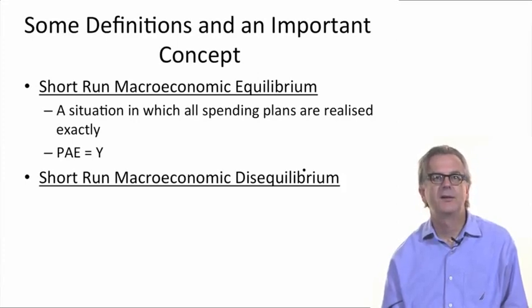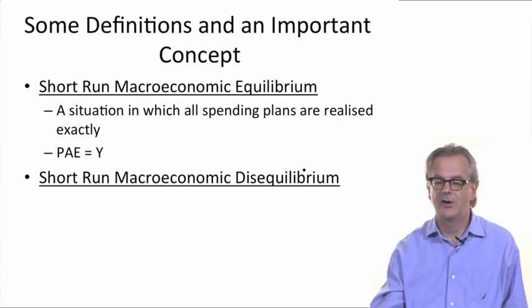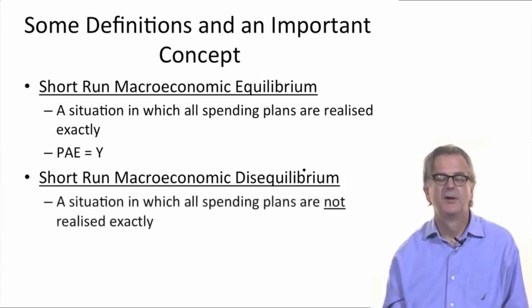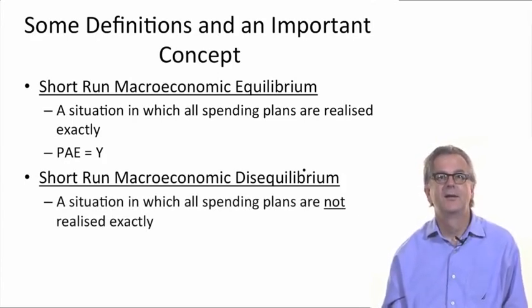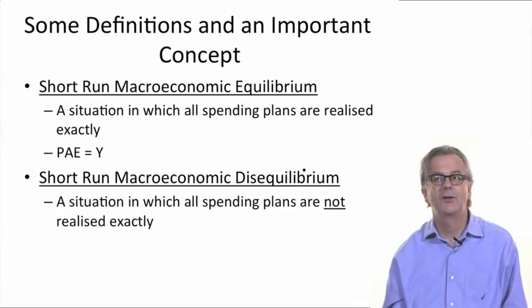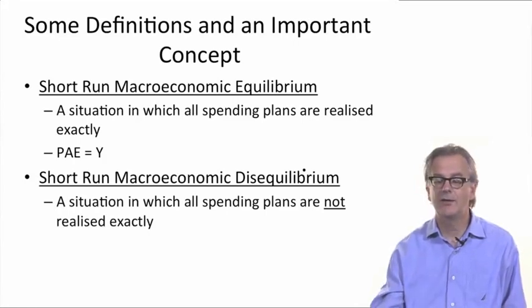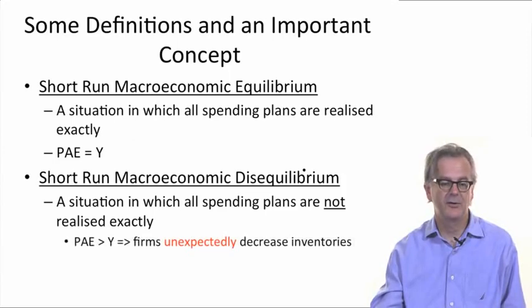Well, not too surprisingly, it's any situation that occurs that doesn't meet our definition of equilibrium. So it's a situation in which all spending plans are not realised exactly. So there are some sectors in the economy whose plans don't come exactly to fruition, where planned spending doesn't necessarily equal actual spending over the time period we're talking about.